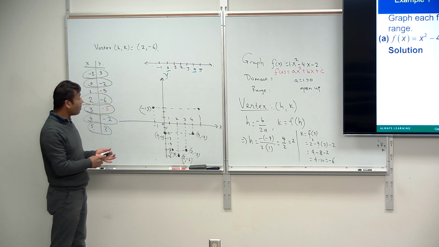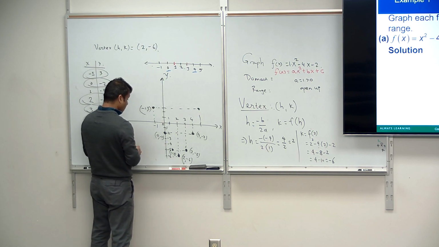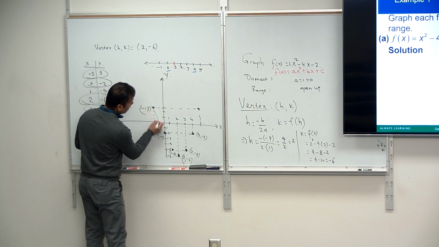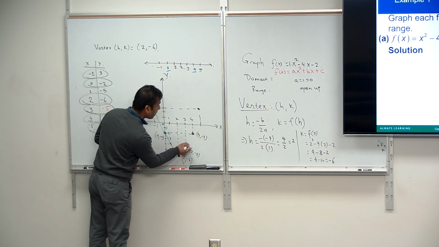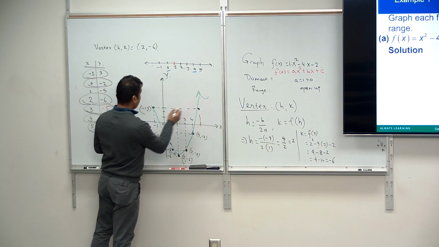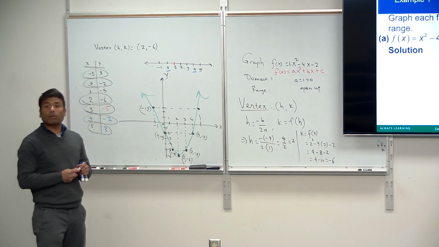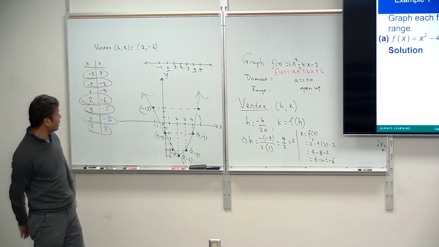And now if you join them, what does it look like, guys? Look here. You join them. You see that? You got a parabola, open upward. This is the vertex.